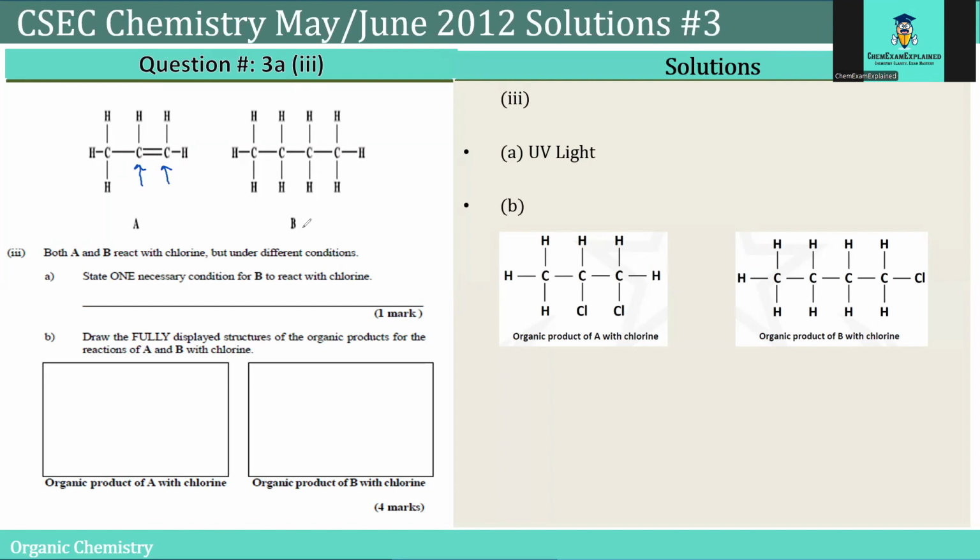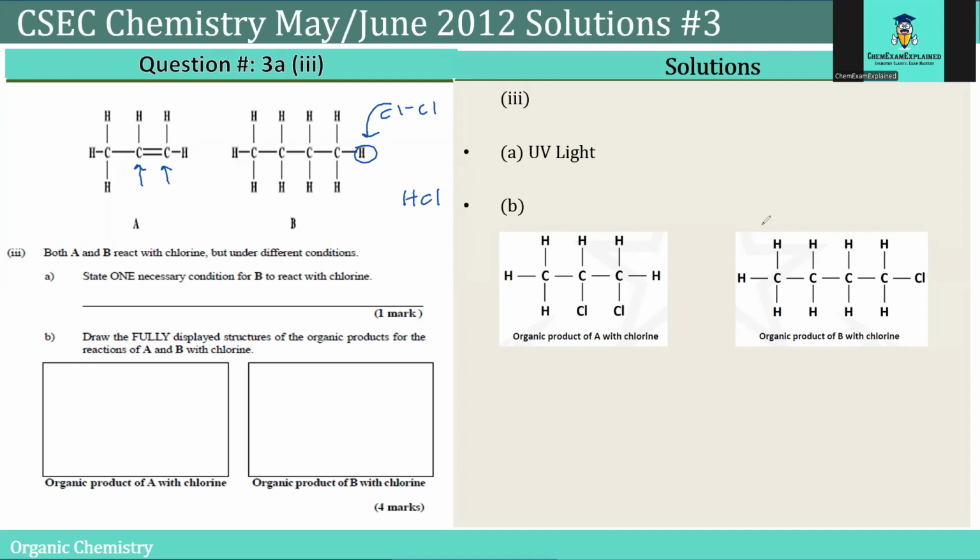And for B, when you react Cl with it, we are going to be displacing one of the H's with one of the Cl. So let's say if this one displaces this H, then the Cl will go onto the carbon where the H was, because it is a substitution reaction, and then the H that came off will now combine with the Cl.